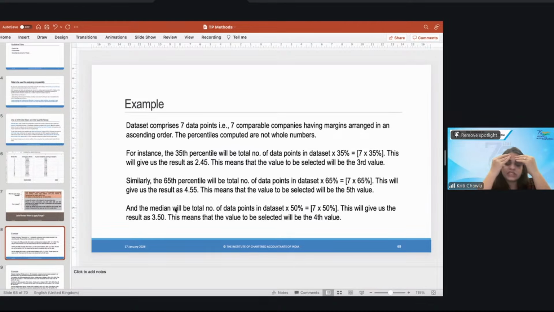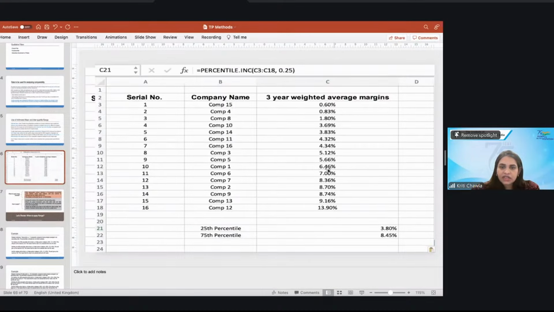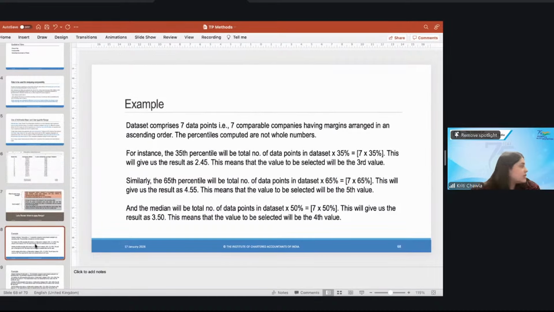The reason that I'm doing this particular example is that it is provided in the manual as well. So now the data set comprises 7 data points. The first step is that for all those companies, let's say that this is still 7 right here, you have to arrange them in ascending order.